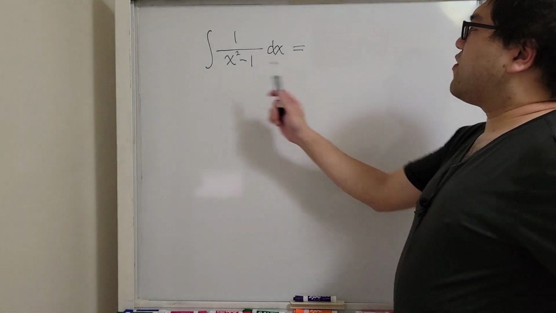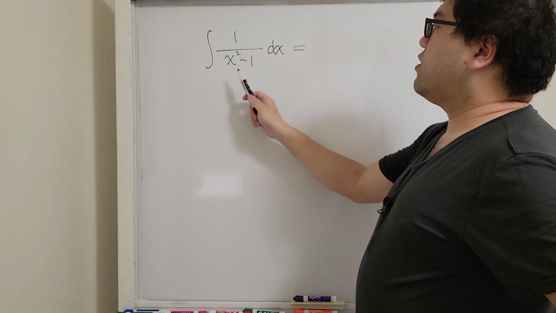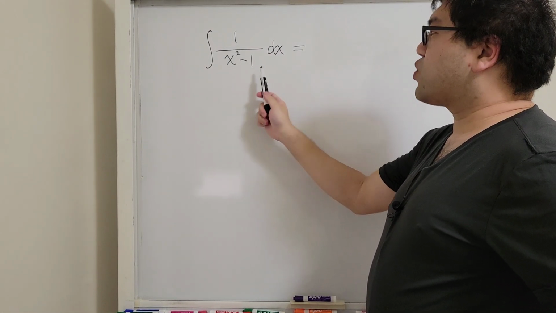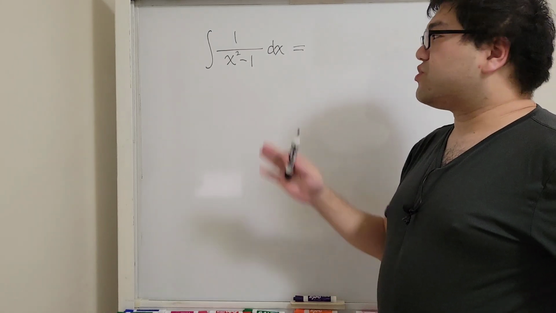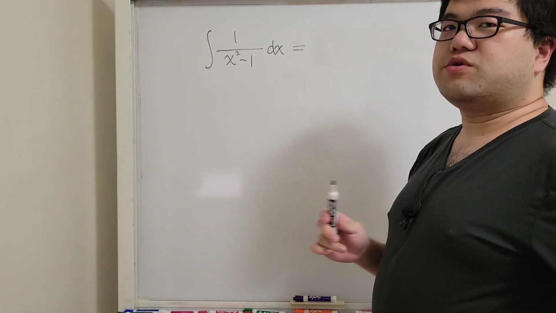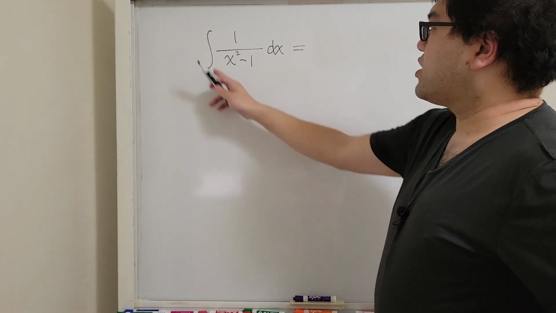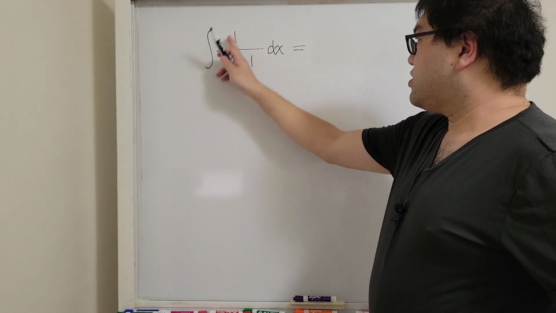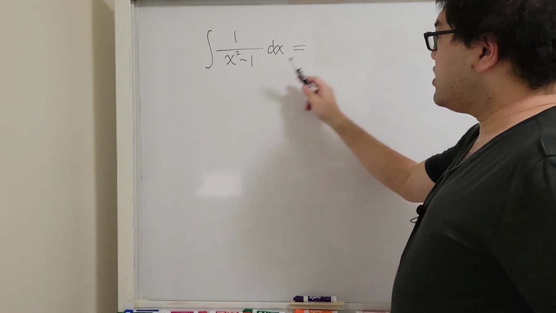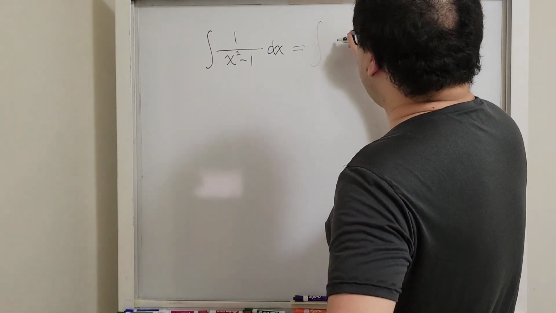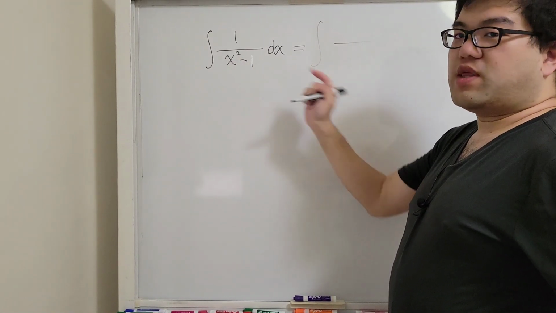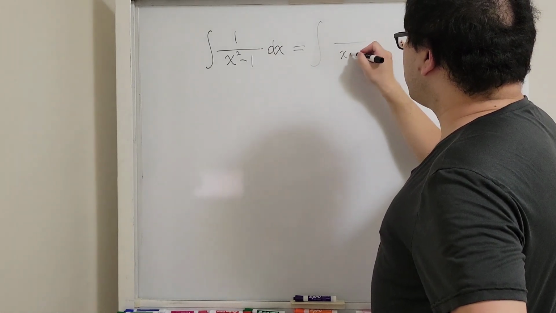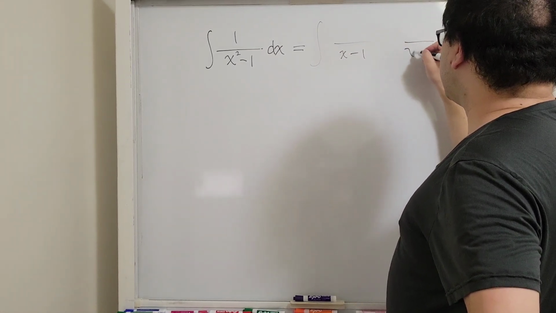Okay, now we have an integral of 1 over, instead of x minus 1, x squared minus 1, and of course with respect to x itself. So how are we supposed to do it? This time we're going to use partial fractions to break the rational function 1 over x squared minus 1 into two parts. Namely, we have the factors of x squared minus 1, which will be x minus 1 and then x plus 1.